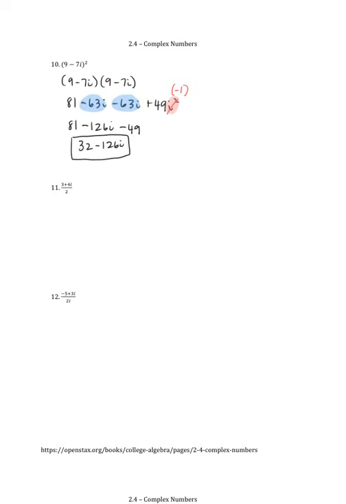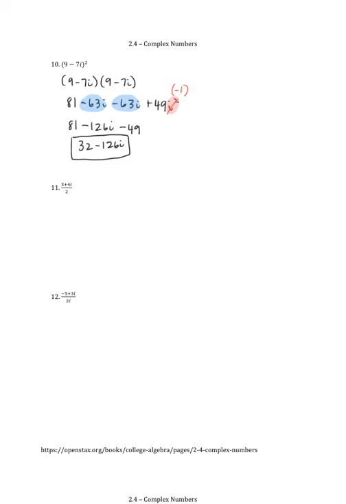Okay. Now 11 and 12, these are going to work totally different. So look at the difference. Number 11, the denominator is a 2. Number 12, the denominator is a 2i. So here is the difference.